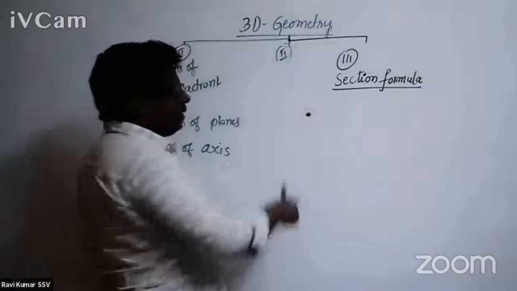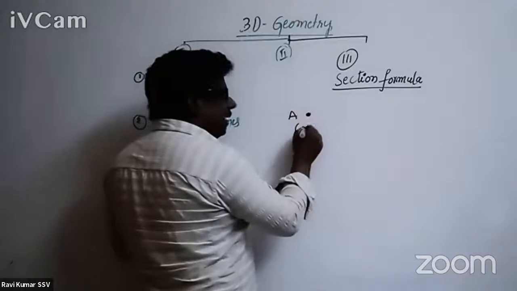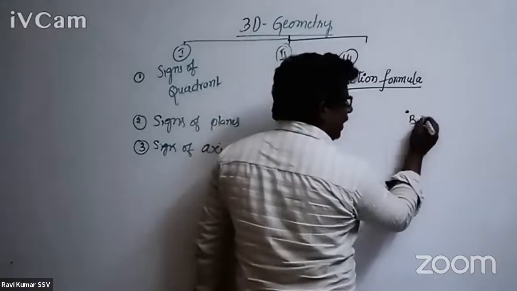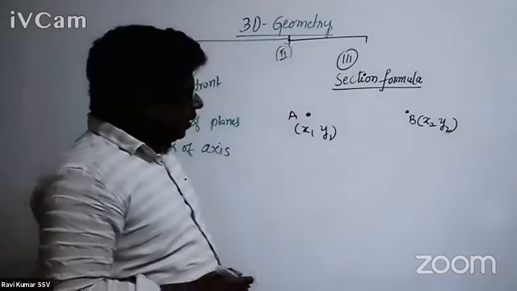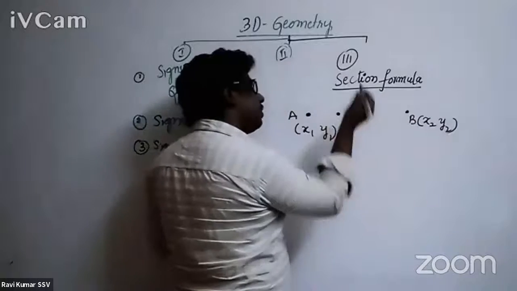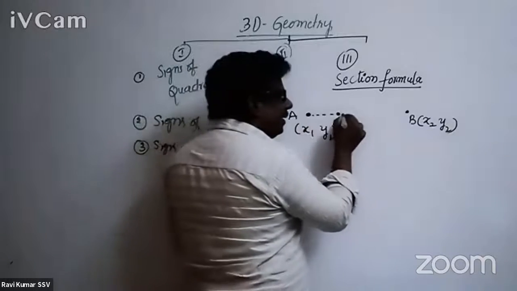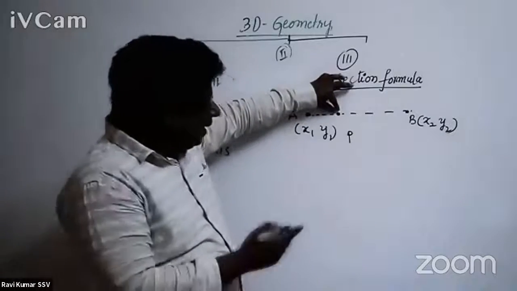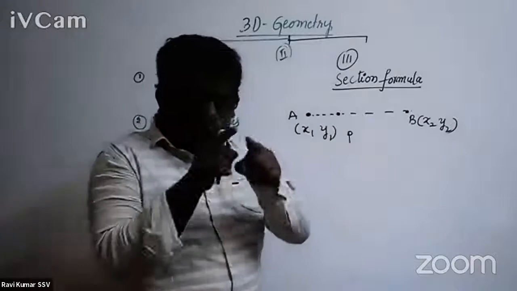Section formula is a topic which is in 10th, not in plus one. This is one point A, x1 and y1. Now this is the point B, x2 and y2. Here one more point is there in between A and B. Additionally, this point came in between them and divided the line AB into two parts.